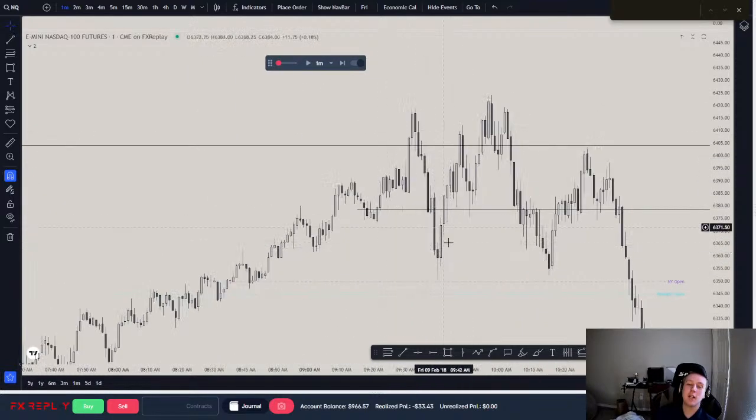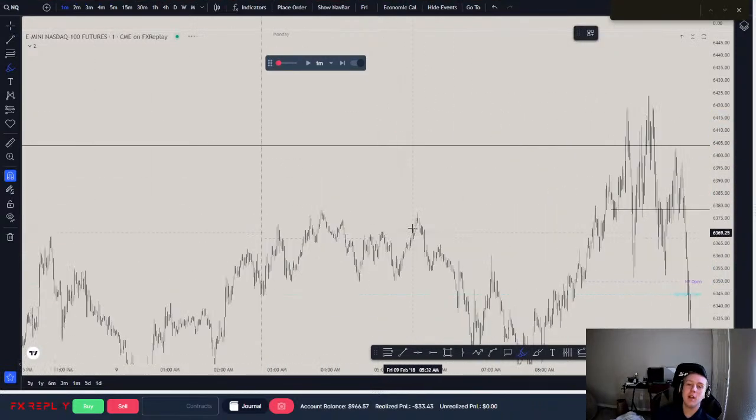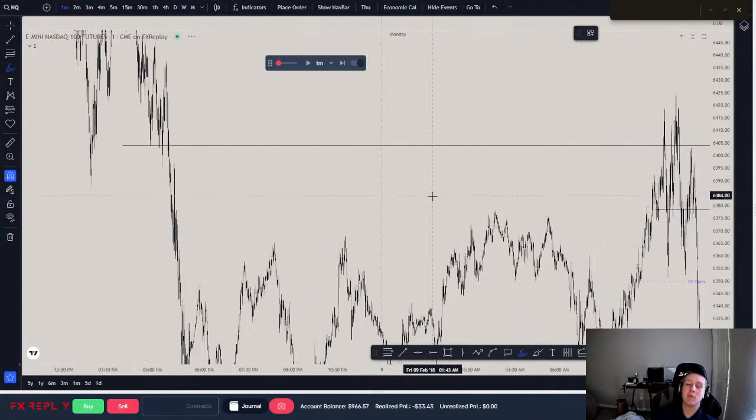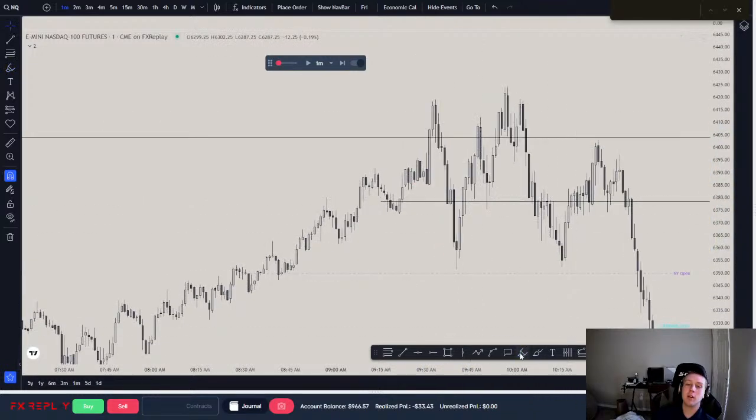We had an initial leg lower to generate sellers. So we had imbalance first, but we haven't really taken liquidity yet. So what are we gonna do? We're gonna generate a leg lower, entice traders that want to get in early. Exactly what I did.